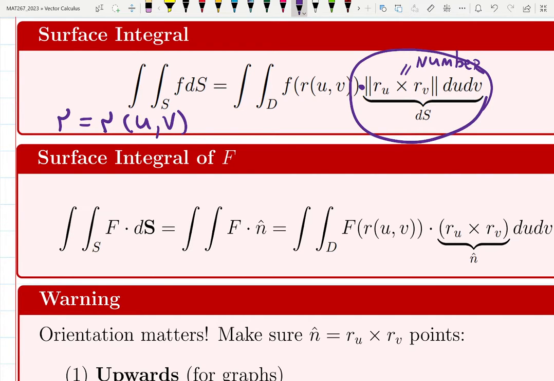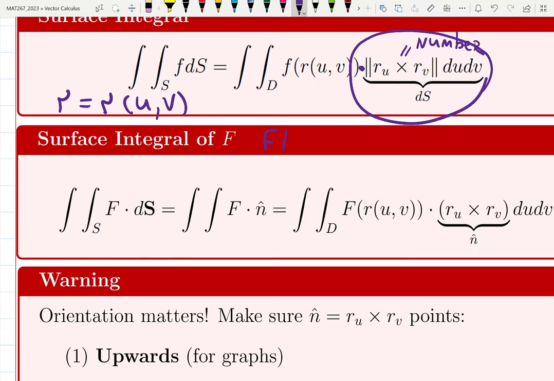Now the surface integral of a vector field, so flux, has a different formula. The dS here is n with a hat. N hat is a normal vector. So we find the partial derivatives of r with respect to u and v, r_u and r_v.